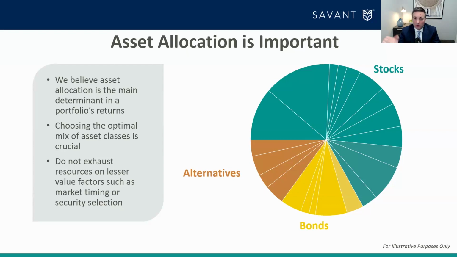So let's just say you do inherit $500,000, $1 million. Maybe that means that you can take a little bit of risk off the table. Get a little bit more conservative in your portfolio. Maybe you want to grow the assets at a more aggressive rate for future generations.